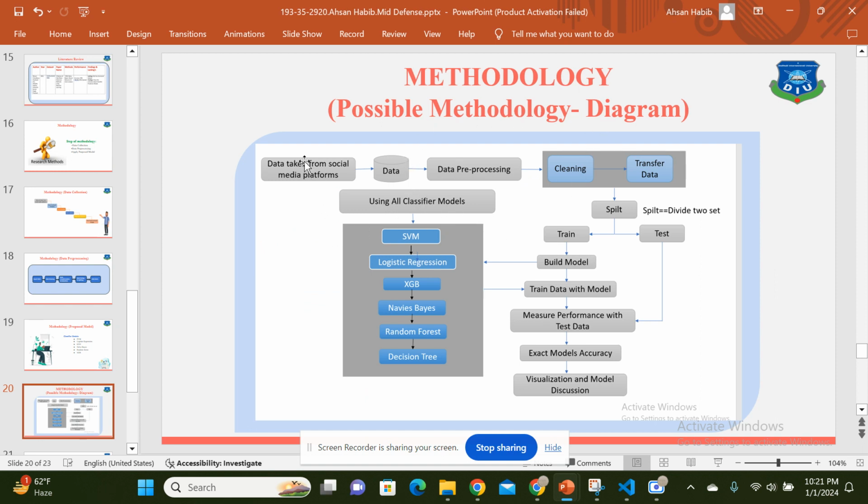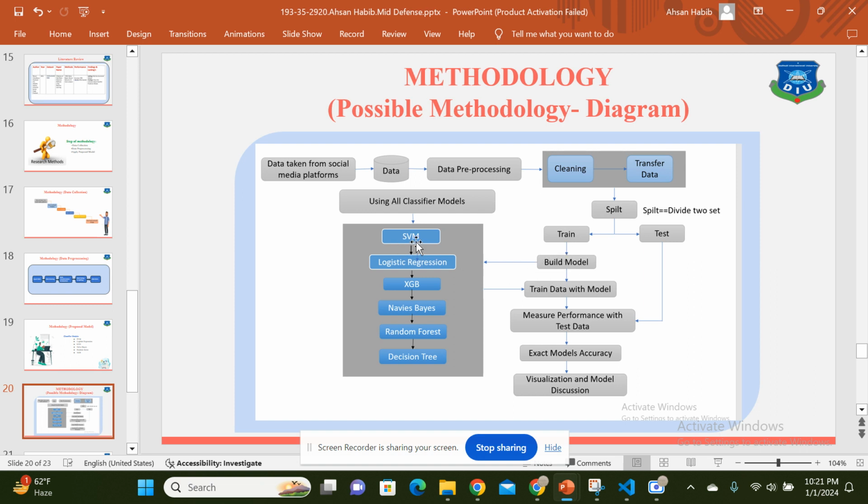At first, data is taken from social media, then the data is stored, then data pre-processing, then cleaning, transforming data, then splitting the data into train and test datasets. In the train step, build the model.